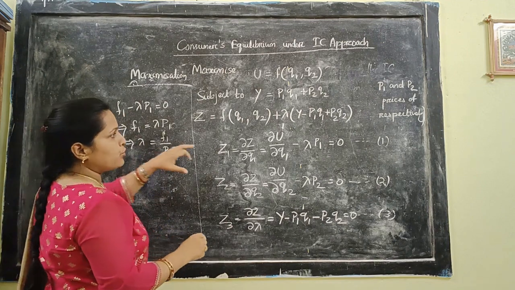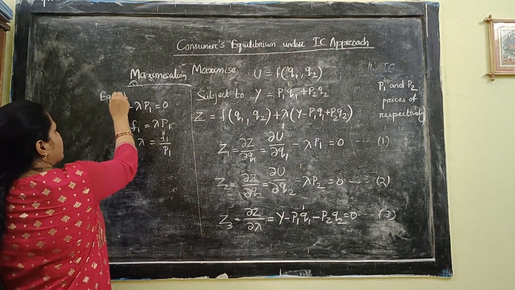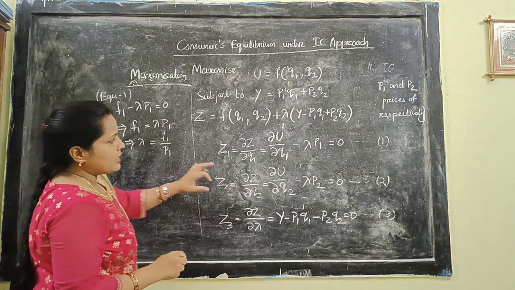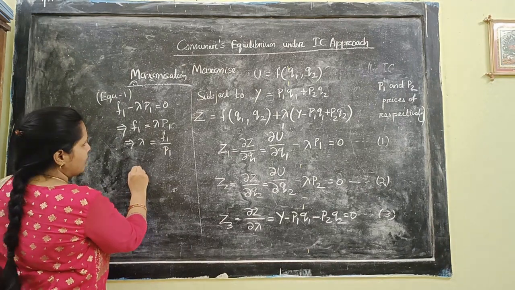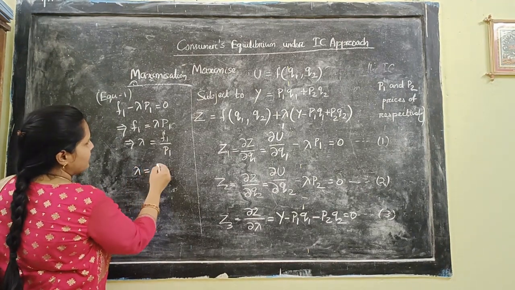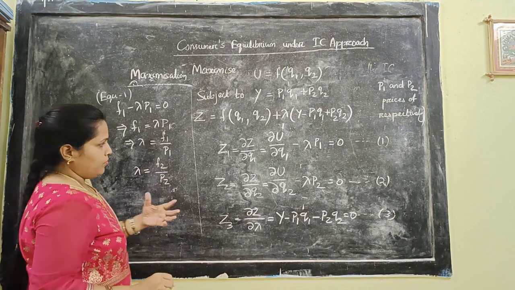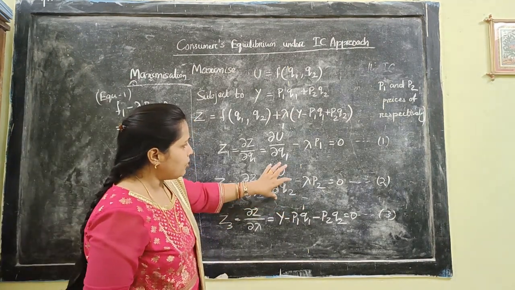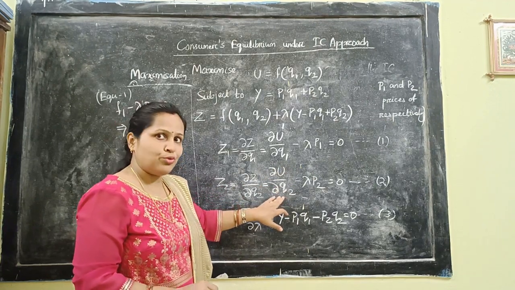Likewise, from equation 2, we denote del U to del Q2 as F2.